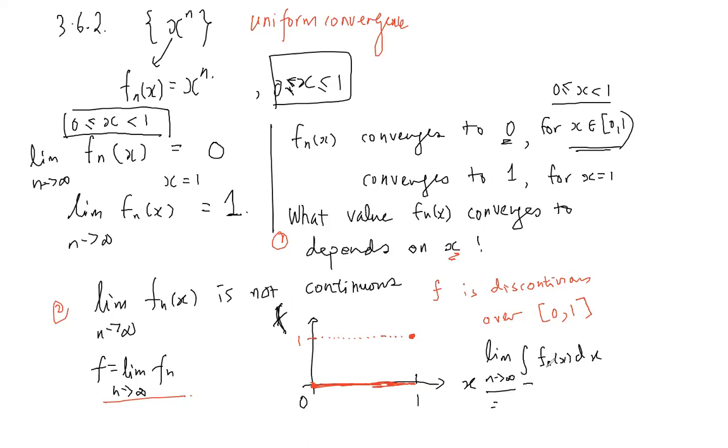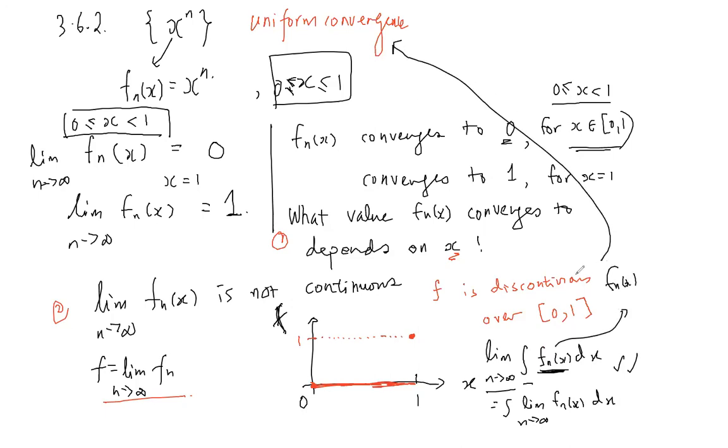If your sequence is uniformly convergent, you can swap the order of limit and integration, and it will work. But only if your fn has this property.